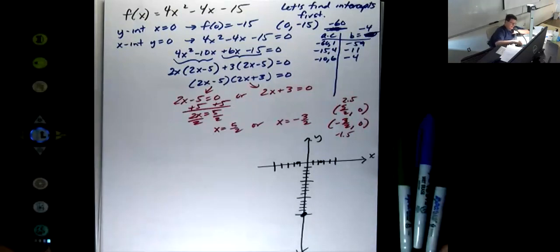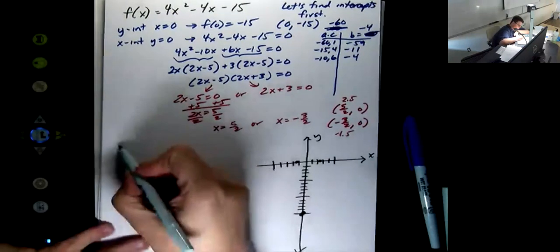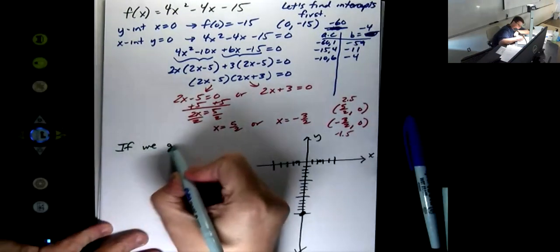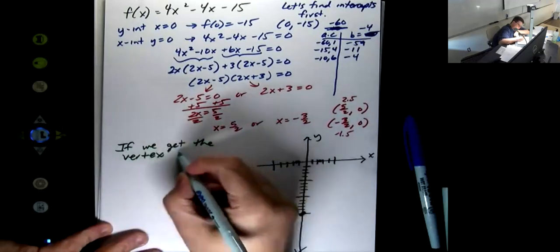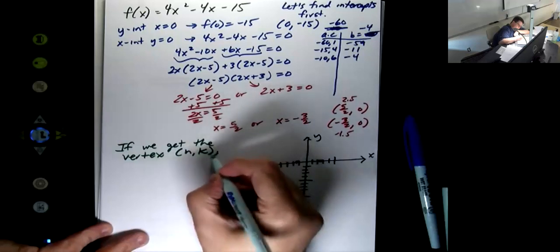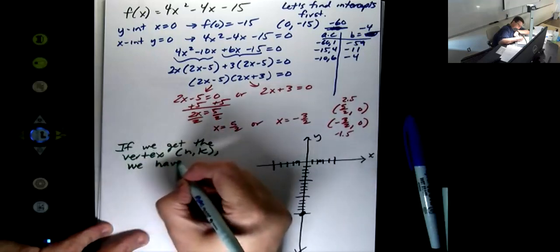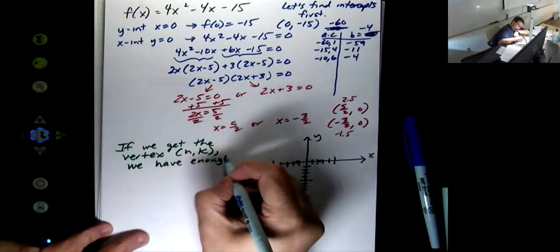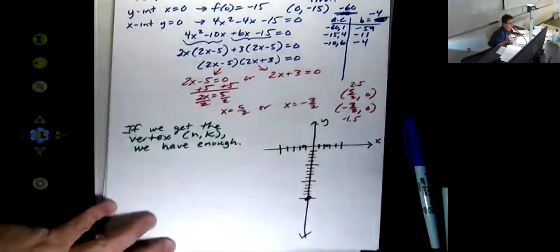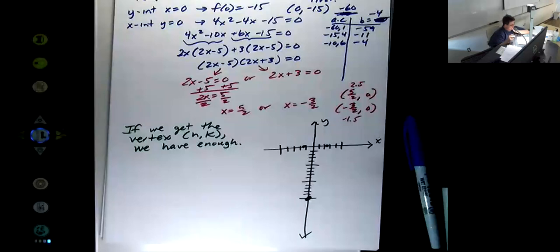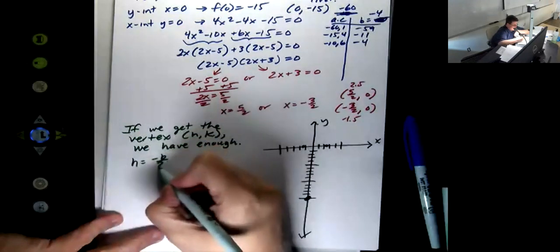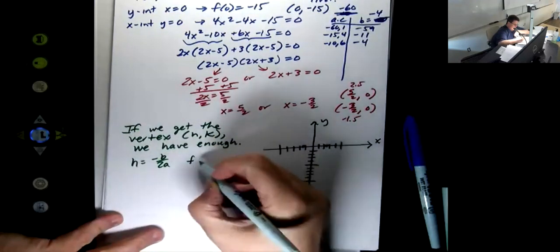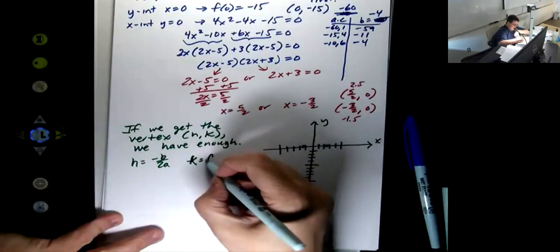If we get the vertex, which is at h, k, we have enough. And the shortcut for those was h equals -b over 2a, and k equaled f of h, basically.